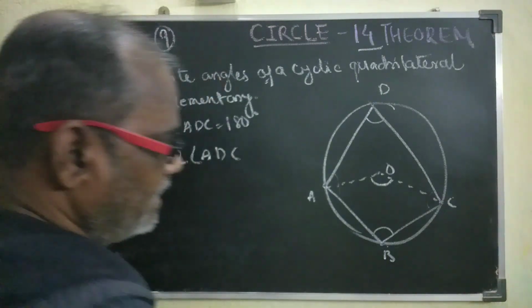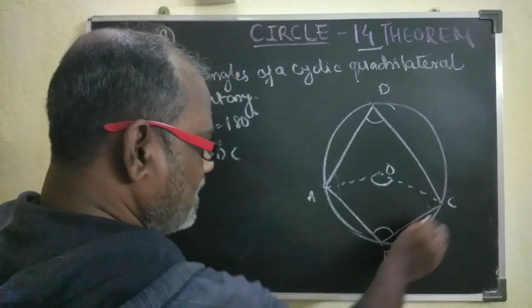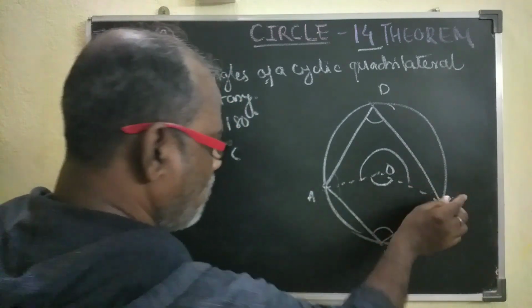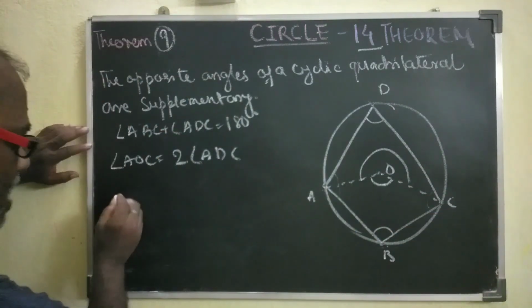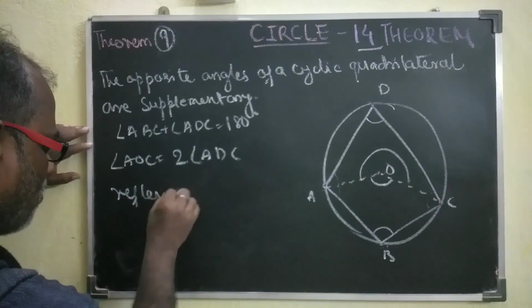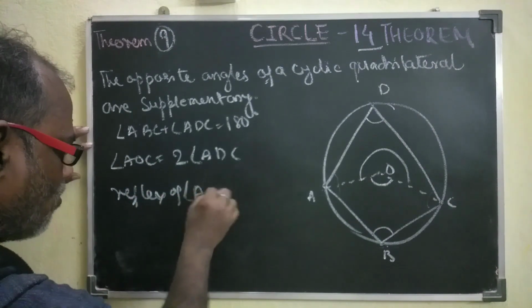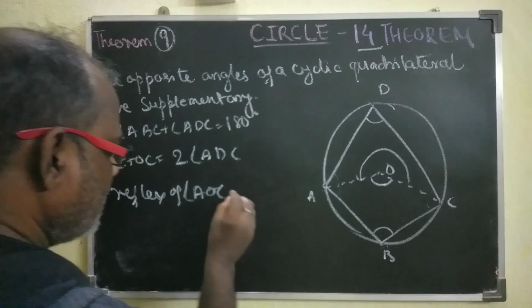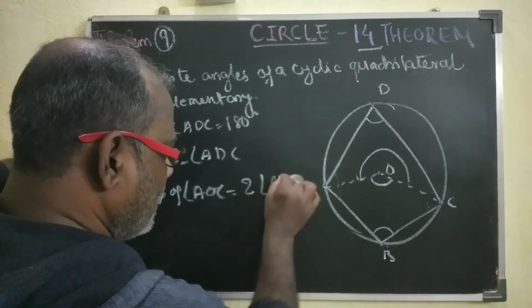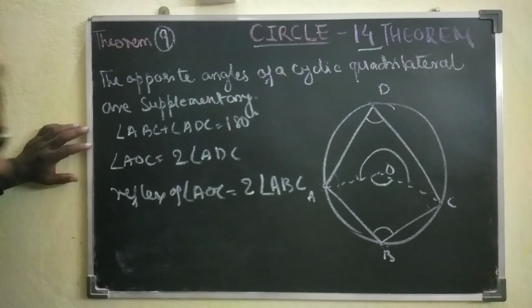Now similarly, angle ABC, this is the reflex angle of angle AOC. So we also know that the reflex of angle AOC, this angle, equals twice of angle ABC, the same theorem.